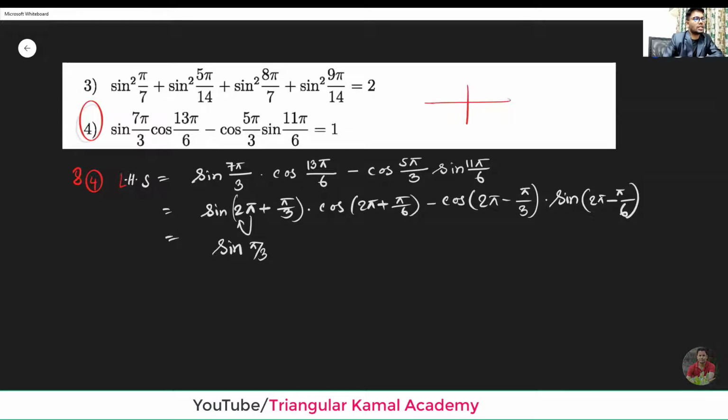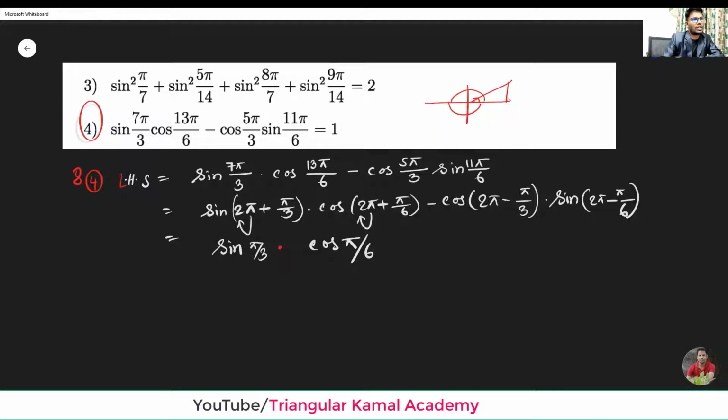Twice pi plus something means first quadrant, all are positive, so the sign is positive. The second one cos twice pi, that means even times of pi by 2, that means 4 times, so no change, cos pi by 6.